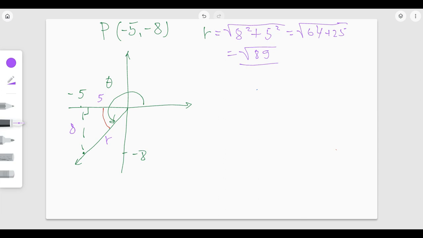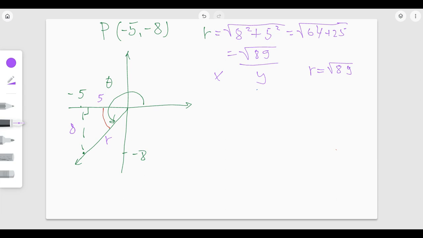Now, in order to do the other question, which is to determine the primary trigonometric ratios for angle theta, we need to find x, y, and r is already what we have just found, the square root of 89.